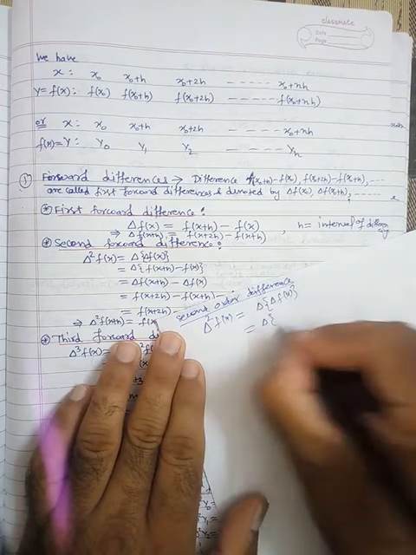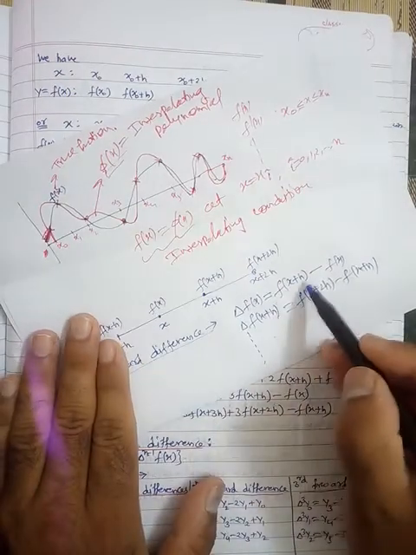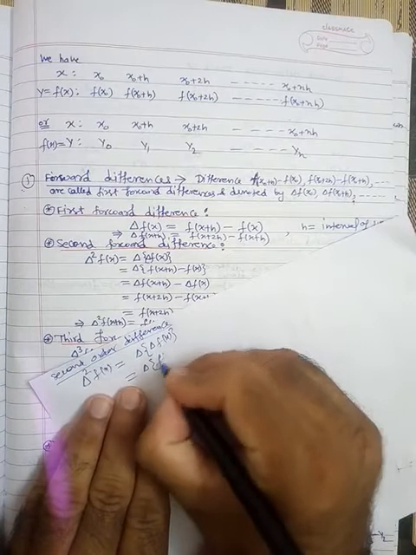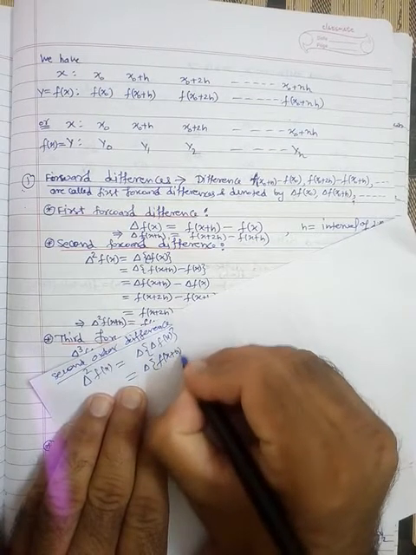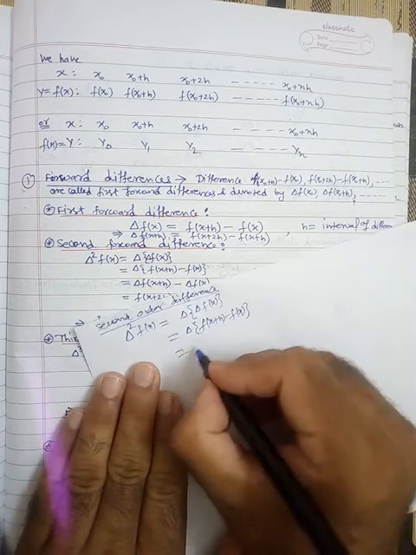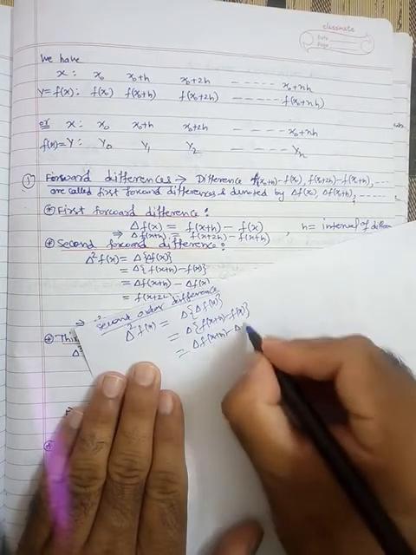But we know what delta f of x is: f of x plus h minus f of x. So just write down here f of x plus h minus f of x. Now apply the delta operator here. So delta f of x plus h minus delta f of x.